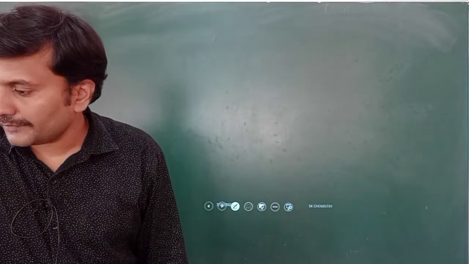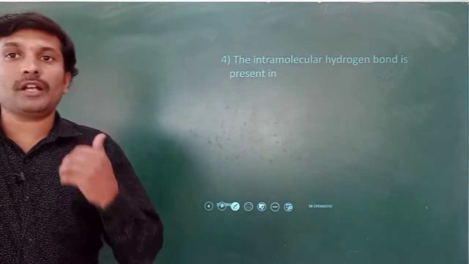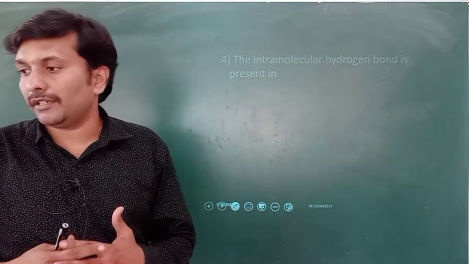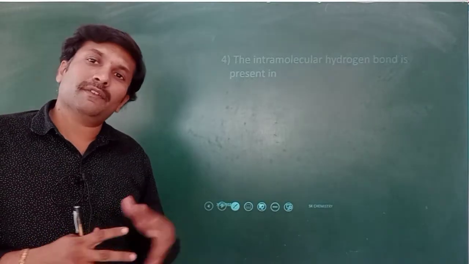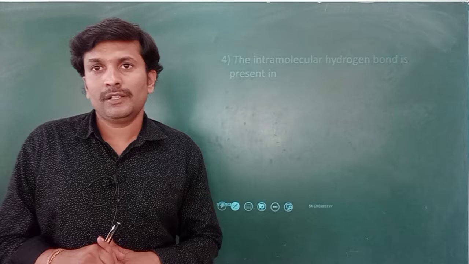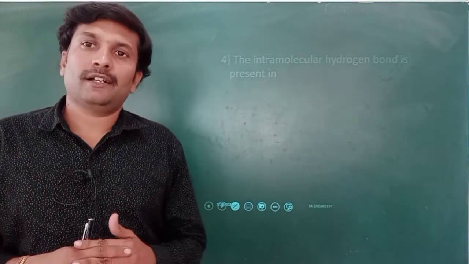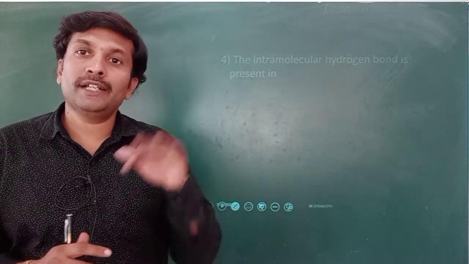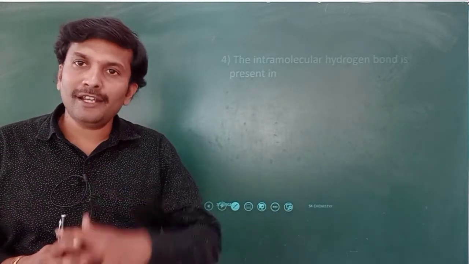A. Next, intermolecular hydrogen bonding is present in... intramolecular. Intra we have seen in many cases, most of the time it will be orthonitrophenol. Paranitrophenol, inter. Water molecule, inter. Ammonia molecule, inter. Ethanol, inter.